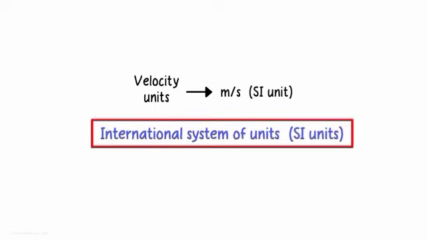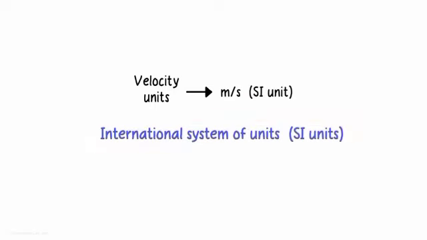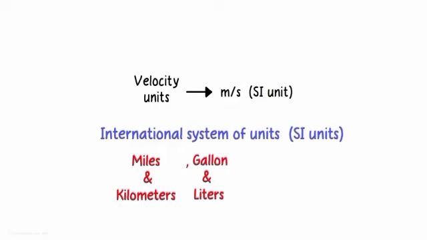This helps everyone in the world to adhere to one common style of measurement. Imagine the confusion created with the different measurements like miles and kilometers, gallons and liters, US gallons and imperial gallons, etc. Incidentally, speed and velocity are both measured in meters per second.